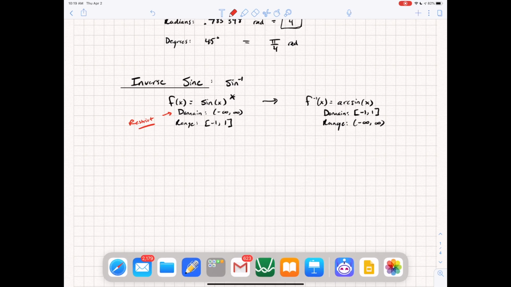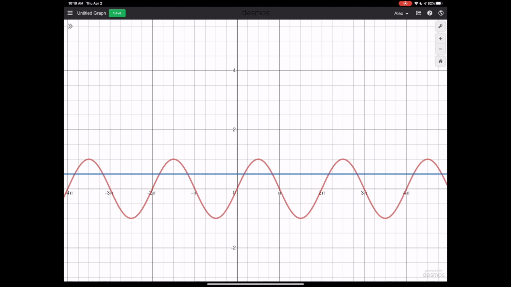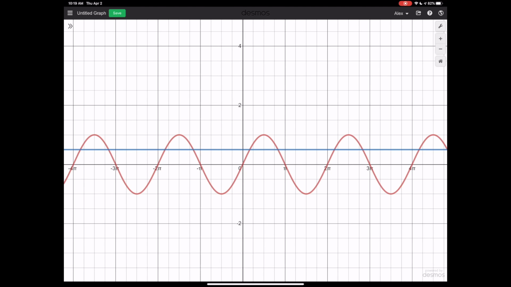All right, so I'm going to go back into Desmos. In other words, when I look at this graph here, I want to pick the largest possible domain so that this graph will pass the horizontal line test, so that this blue line here will only hit the graph once.